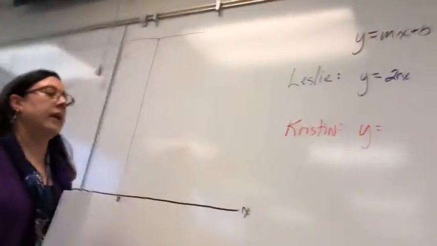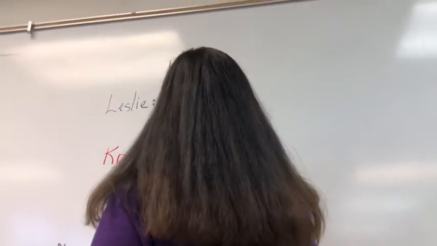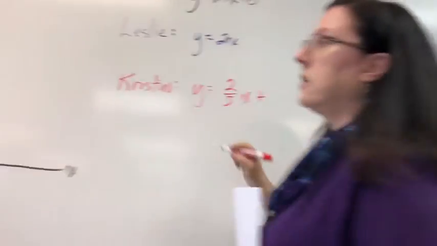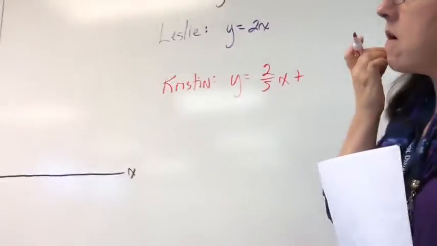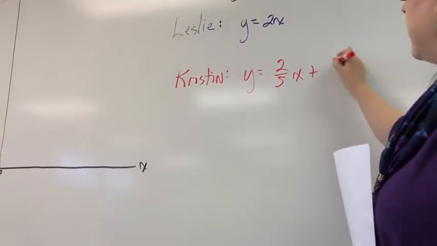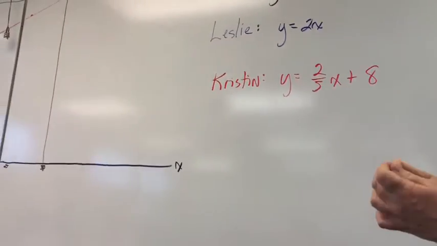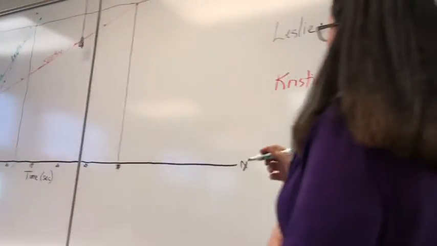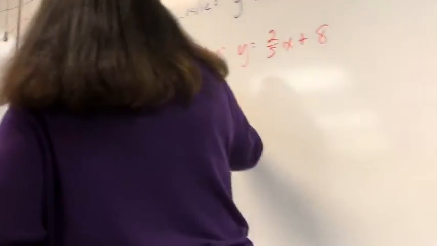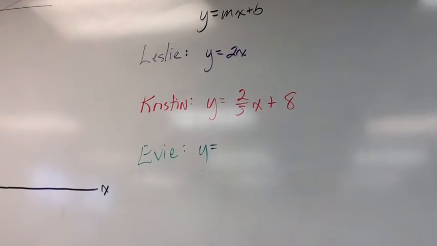Okay, so y equals 2/5 x plus what? 8. Okay, good. Plus 8. Very good. And then last but not least, let's go ahead and write Evie's. And Evie's is what? Y equals what? How many did we go up for her?